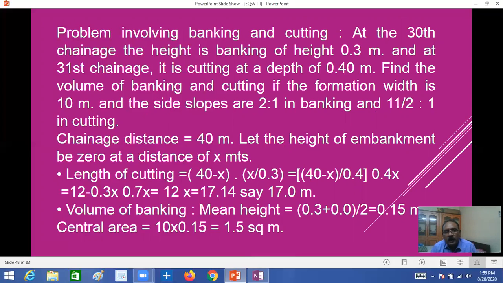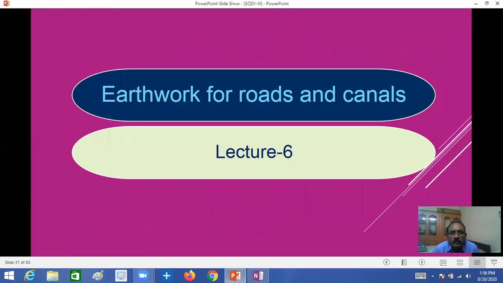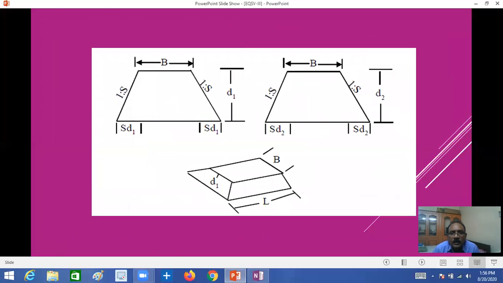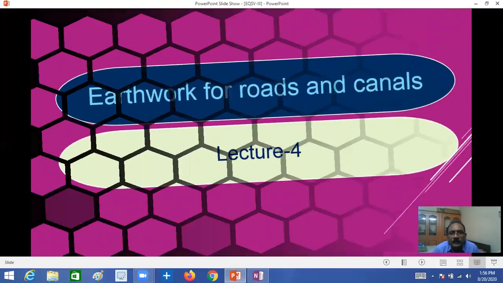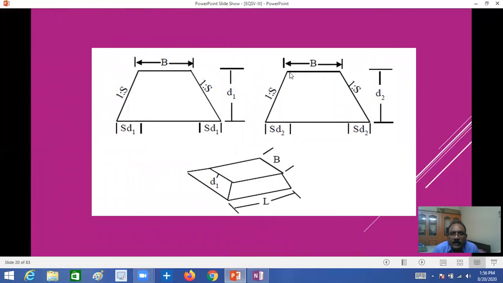What is the formation width? It is the top of the banking or the bottom of the canal. We have seen the formation width in previous videos. If you observe the previous lectures in this slide, this is the formation width.